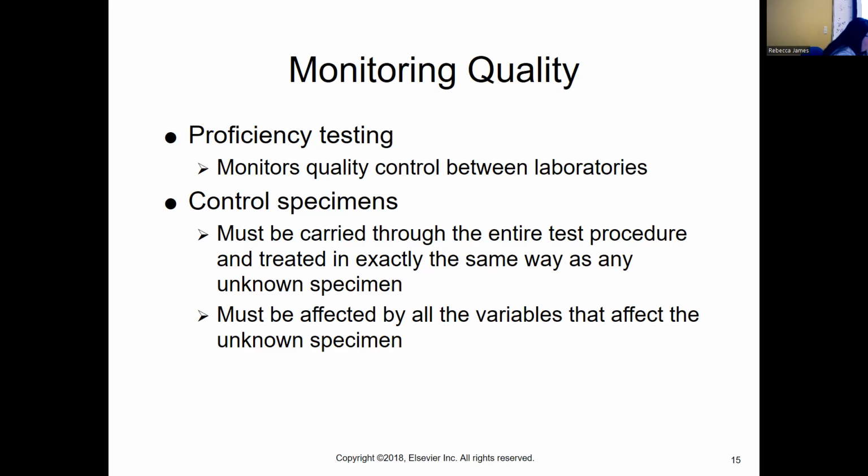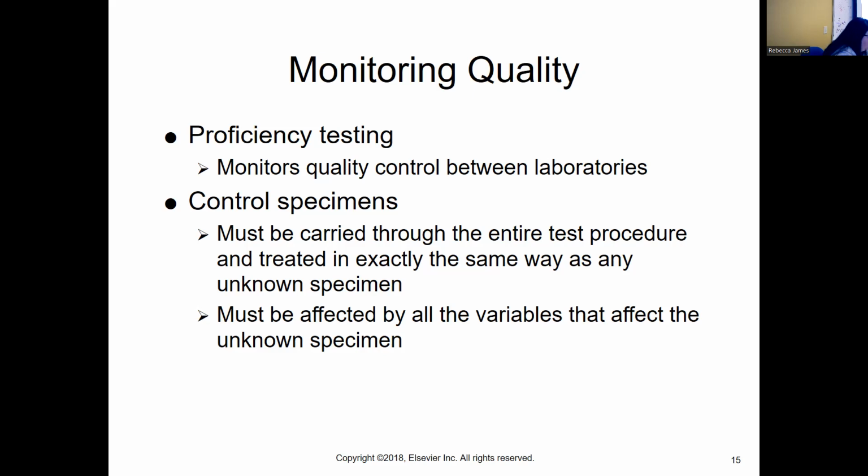A control specimen must be carried through the entire test procedure and treated in exactly the same way as any unknown specimen. So you're supposed to treat it like a patient sample. It must be affected by all the variables that affect that unknown specimen.